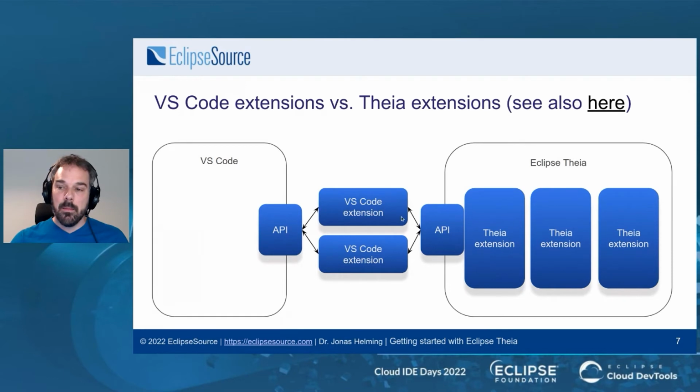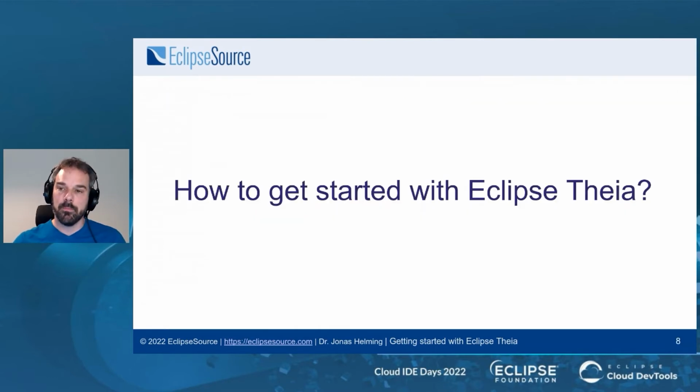And second, especially if you allow third parties to extend your tool, this is the better architecture because it's encapsulated. And many tools use both approaches, typically providing a core of the tool using Theia extensions, because there you have the full power, and then allow it to be extended via VS Code extensions, because this approach is better for runtime extensibility, especially from third-party vendors.